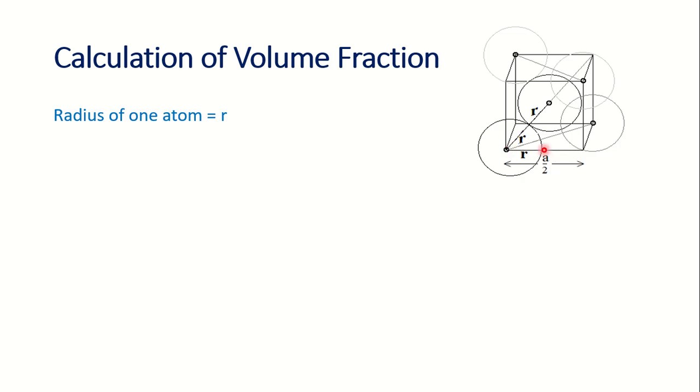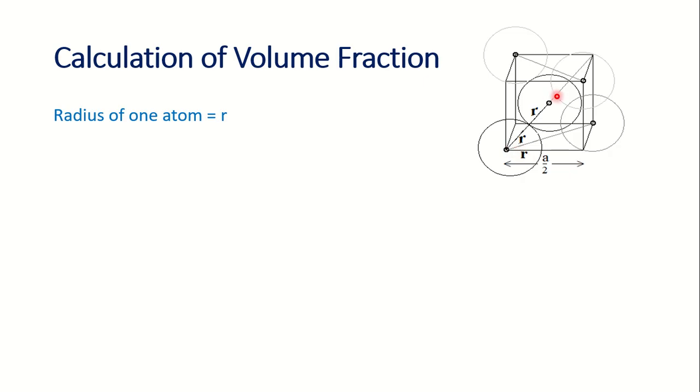Now a by 2 is not equal to 2r. This distance is a by 2, because it is the half of the edge length of the small cube, not of the large cube. So we have to relate a with r.